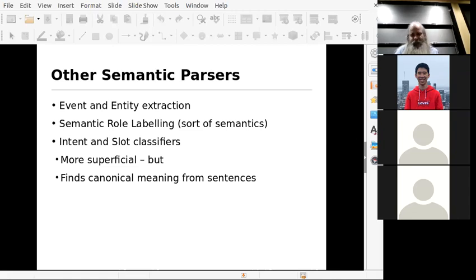Some things can get away with not doing semantics at all, because a bag of words does surprisingly well for an awful lot of tasks. We always like to think that detailed semantic interpretation is what we ultimately want to do. Although lots of people who've worked in semantics would love that to be the case, an awful lot of natural language tasks do not require getting the real meaning out of it.